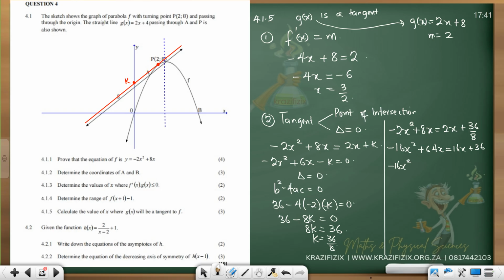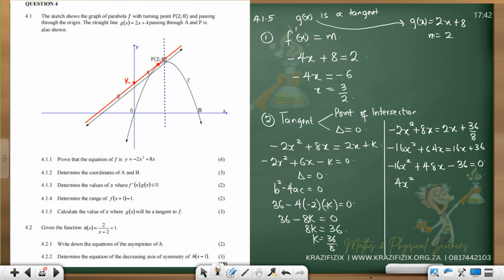Now, what is 64 minus 16? 48, I think. Minus 36. All right, I think I can divide all by 4. Can I divide by 4? Yeah, to make it easy.